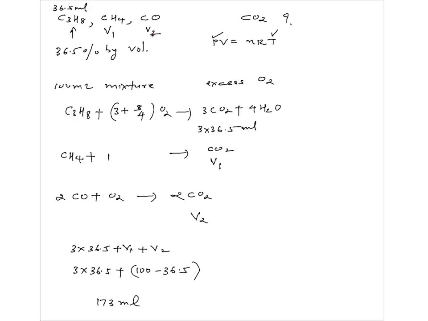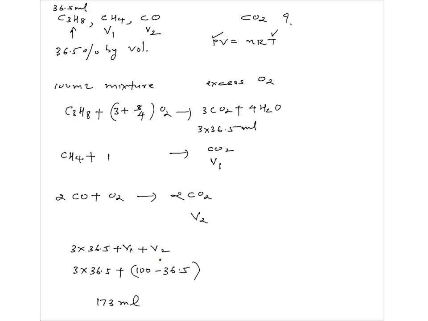Let's say V2 is there. So 1:1 relationship, 2:2 is 1:1. So 1 mole or 1 ml is to 1 ml, or V2 ml is to V2 ml. So carbon dioxide in total will be 3 into 36.5 plus V1 plus V2.